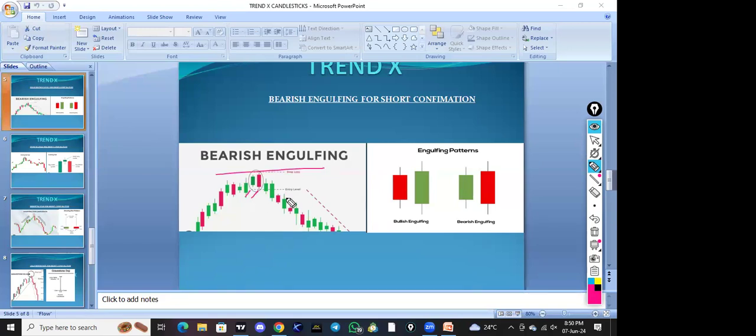Again, it should be near resistance. So when we see this candle, just take the trade. Keep your stop loss above the candle. If it's very near the support, just keep the stop loss above the support. It will be very safe for you.